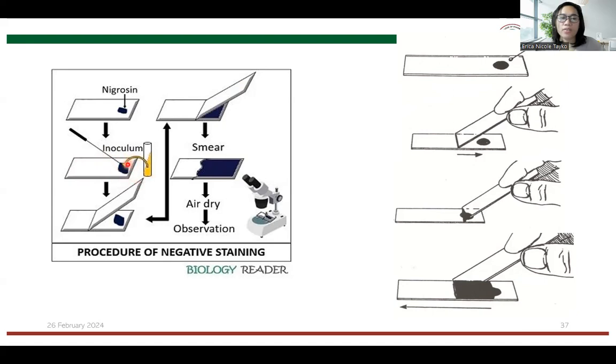So this time around, naka-inoculate talaga sa mismong dye yung bacteria. So when you push it and then you try to create a thin film, yan, that's the portion na i-observe ninyo under the microscope. So again, for negative staining, you use acidic dye.